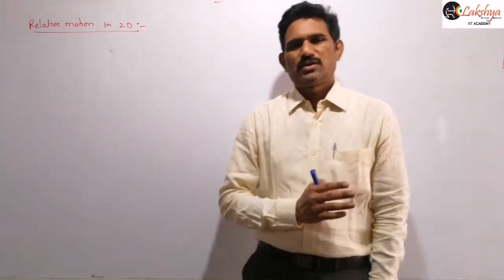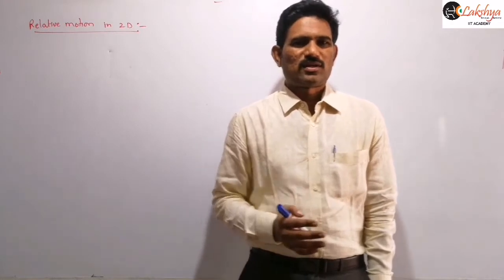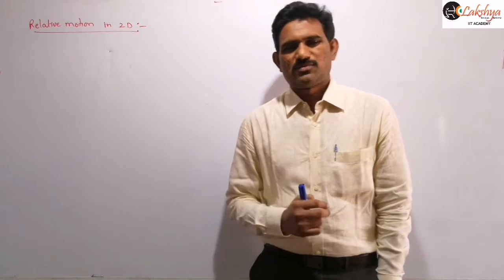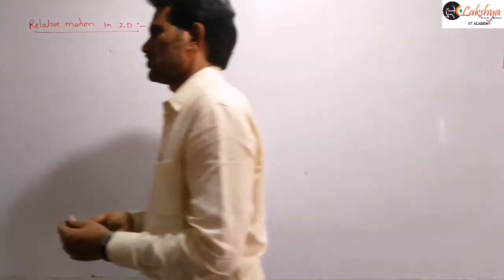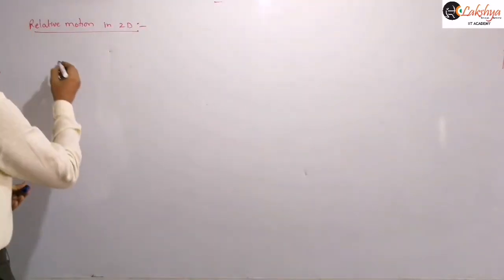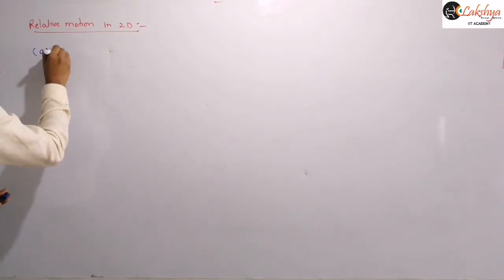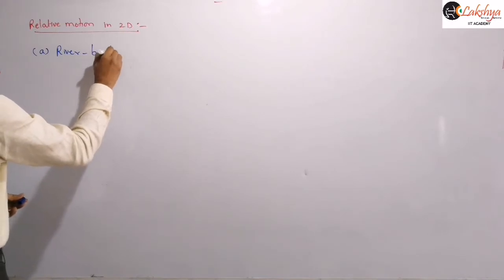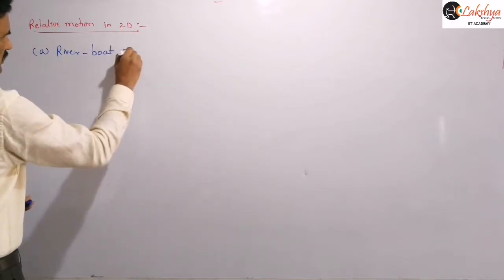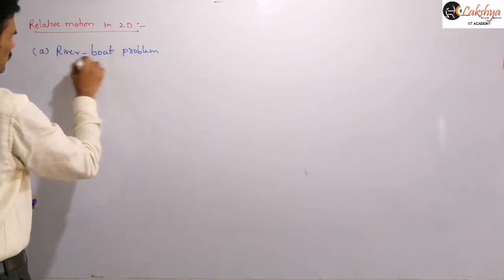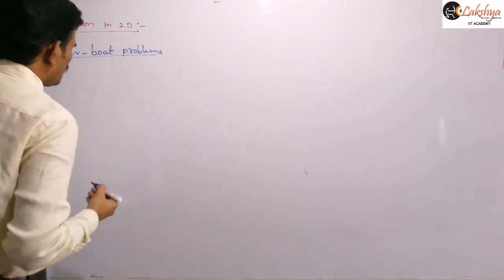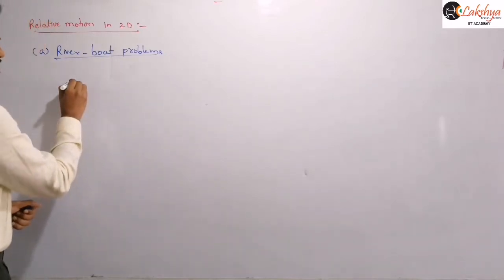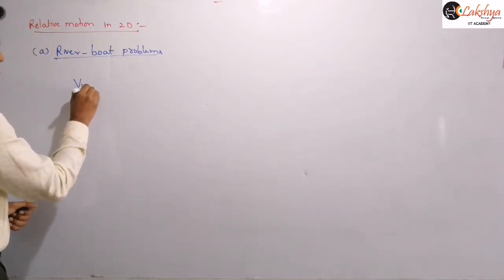So you already know about relative velocity, how to write the relative velocity with respect to one of the objects. Now, suppose you are considering the concept like river boat. So first let us take the river boat problems. In this, we use the relative velocity terms like VBR.